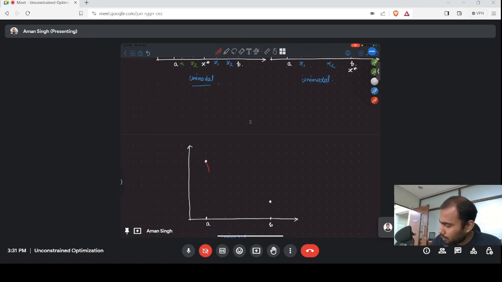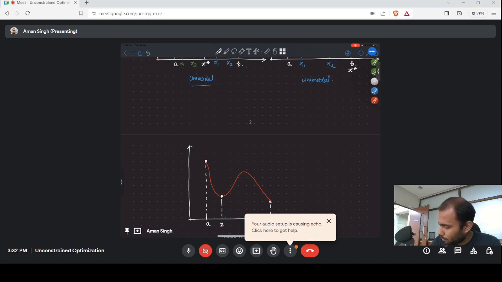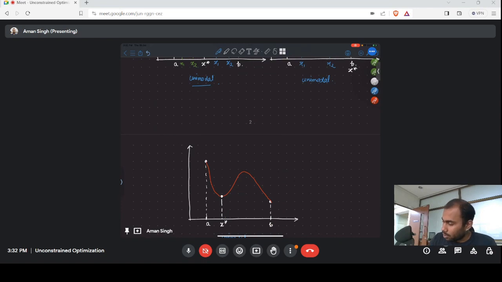If a function is like this, where its minimum is here, then this is not a unimodal function. Why? Because one counterexample is if x1 is greater than x2, then in this case f(x1) is not less than f(x2). So this is not a unimodal function.